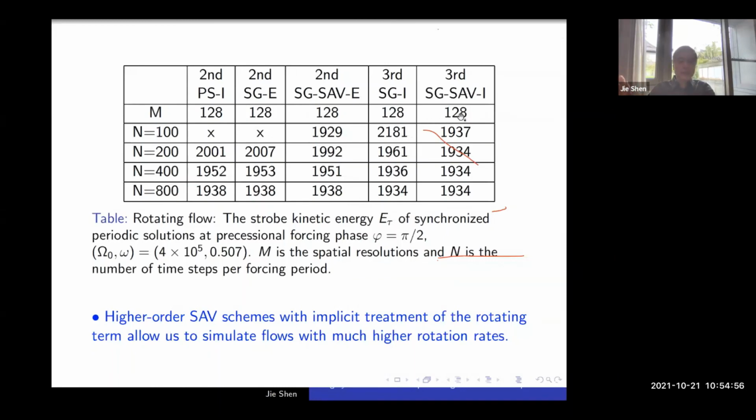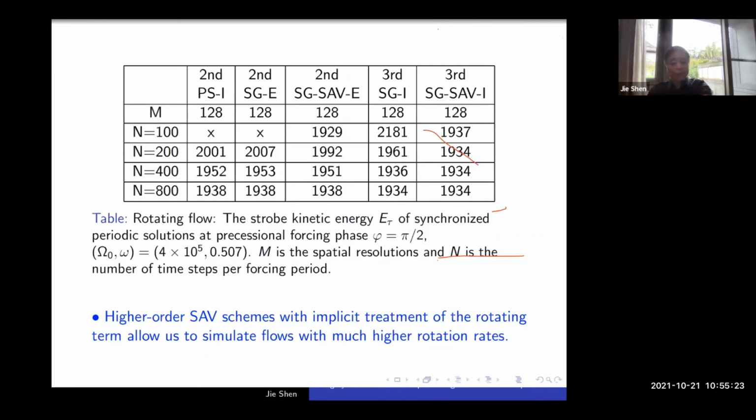Here is the new third order SAV scheme with 100 time steps. We get the same accurate result as the previous second order scheme with 800 time steps. So you can increase the time step 8-fold while still getting a more accurate result than this result here.